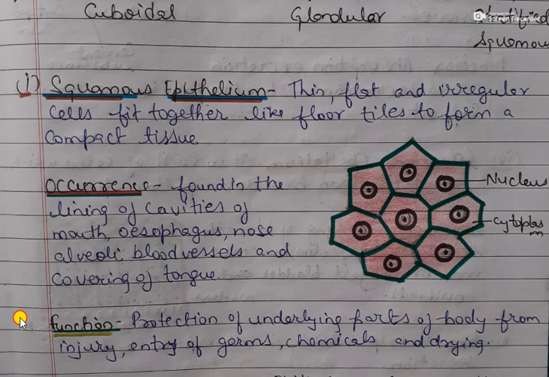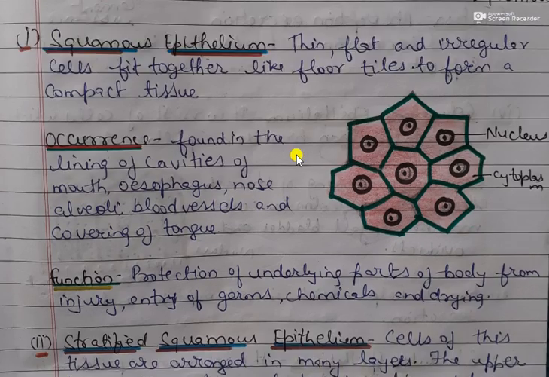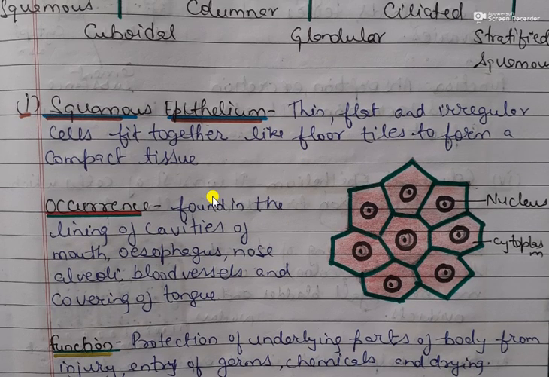This tissue provides protection to the underlying parts of the body from injury, entry of germs and chemicals, and drying. So this was about the squamous epithelial tissue or squamous epithelium.